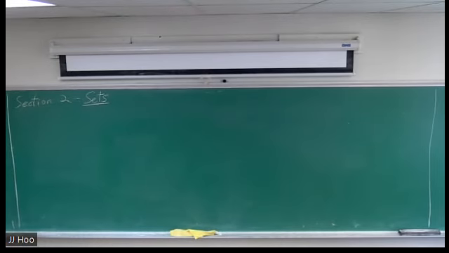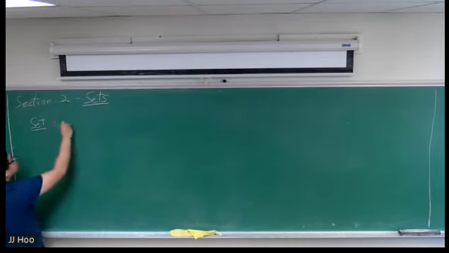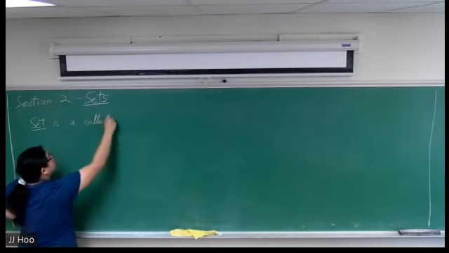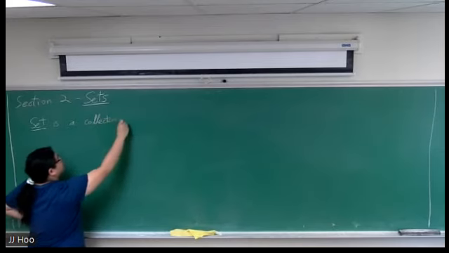As always, a lot of you probably know what a set is, and probably know the definition, but like I said, if we ever want to start building from scratch, we need to define some things. So a set is a collection of elements.